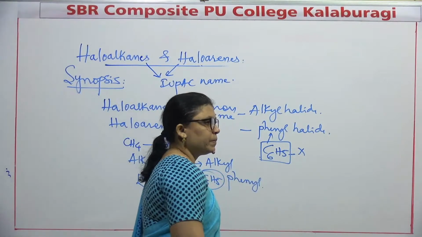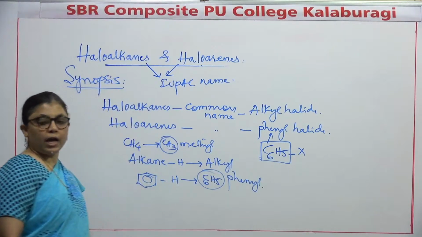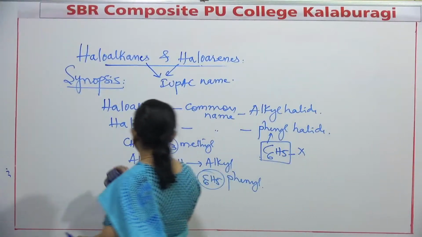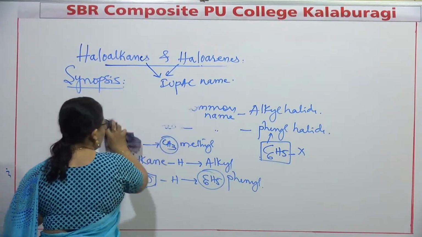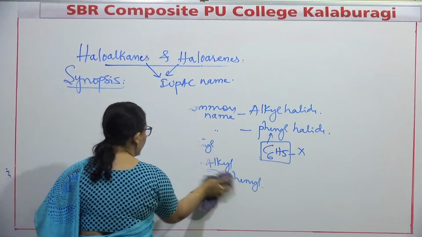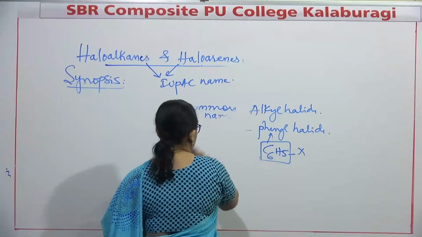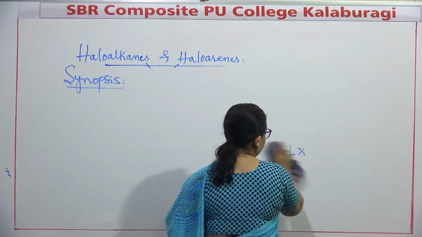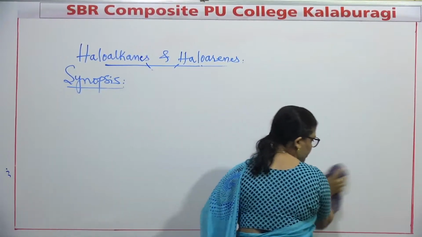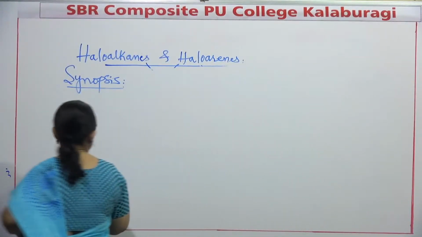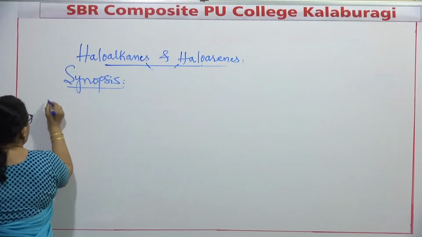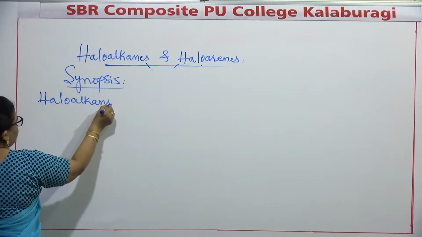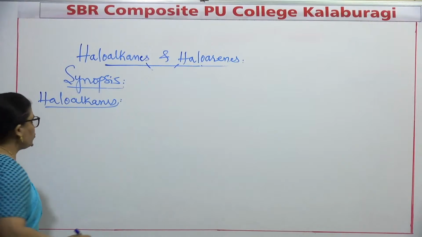The name itself indicates that haloalkanes are derivatives of alkane. What is haloalkane? Haloalkanes are derivatives of alkane, where one or all hydrogen atoms can be replaced by a halide group.